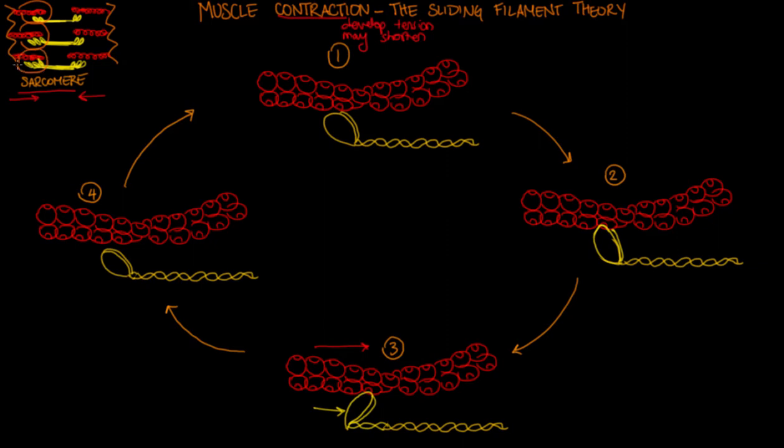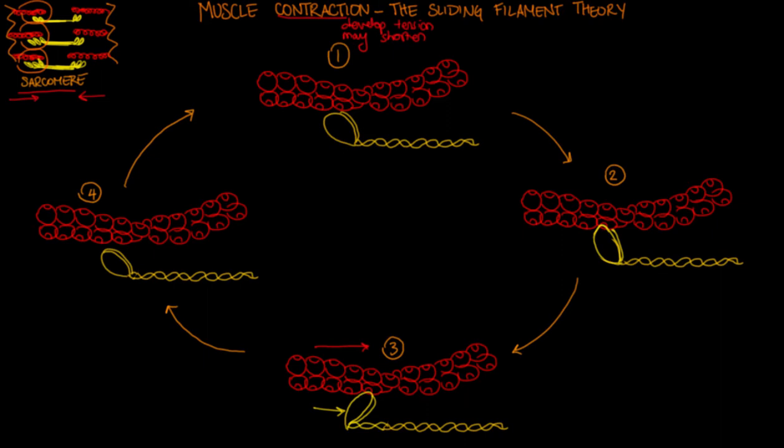So let's go ahead and zoom in on these structures in order to understand how they work together to result in muscle contraction. So let's begin. Step number 1 is that actin and myosin don't really interact quite yet.